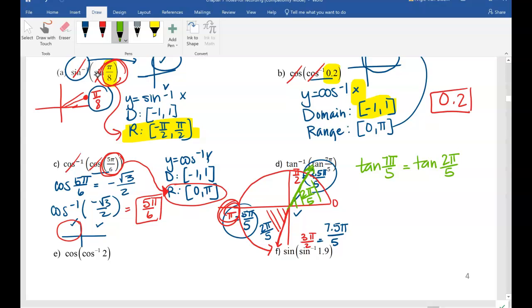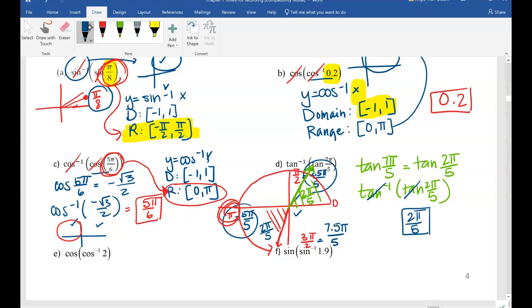So what that means is we are about to do tangent inverse. 7 pi over 5 is not acceptable, it's out of the restriction of tangent inverse. So we are going to do the equivalency: tangent inverse of tangent of 2 pi over 5. Now, this allows the cancel. So the final answer is 2 pi over 5.